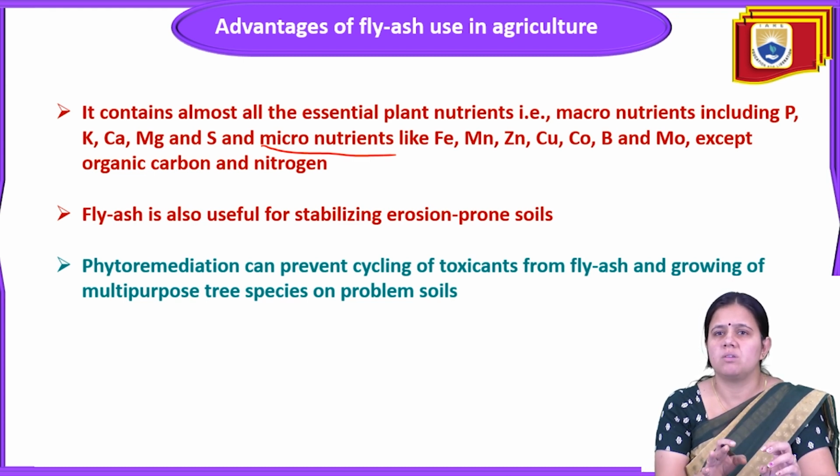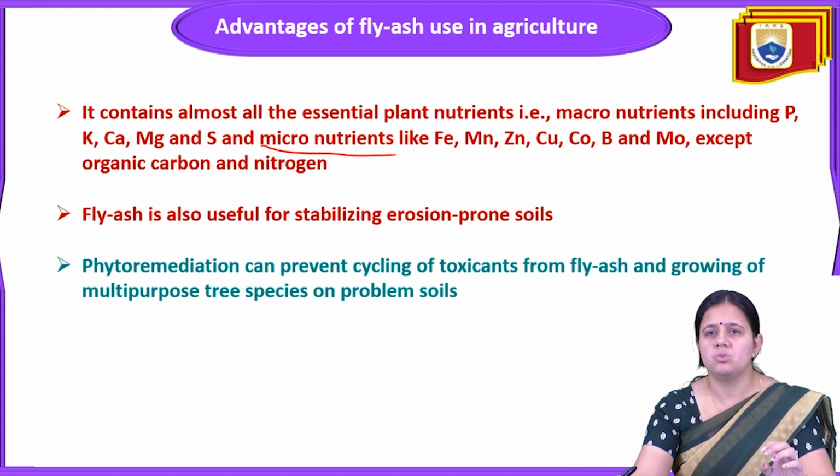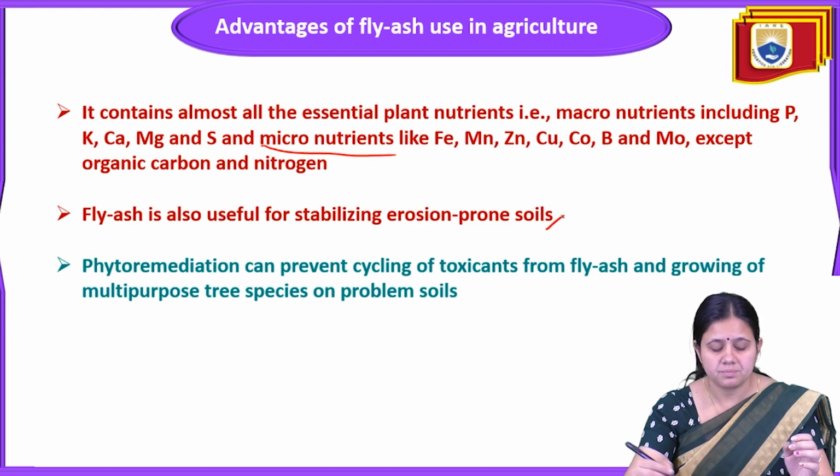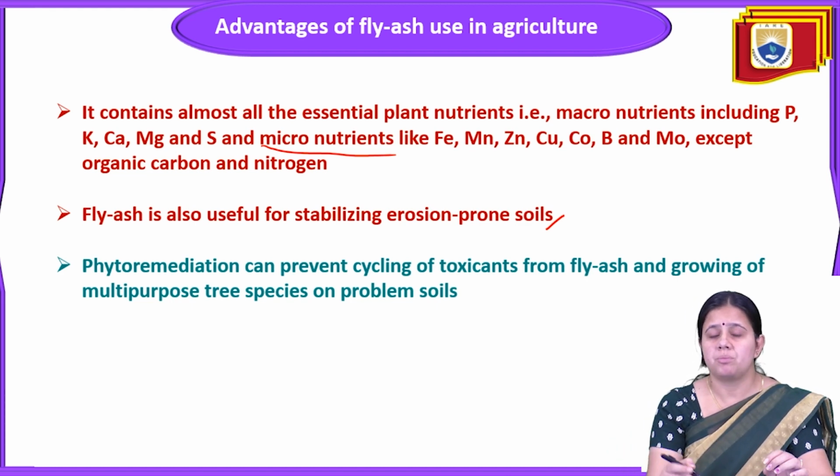So it contains almost all the essential plant nutrients, microelements and macroelements. It will be useful for stabilizing erosion-prone soil, and phytoremediation can prevent the cycling of toxicants from fly ash and allow growing of multi-purpose tree species on the problem soil.